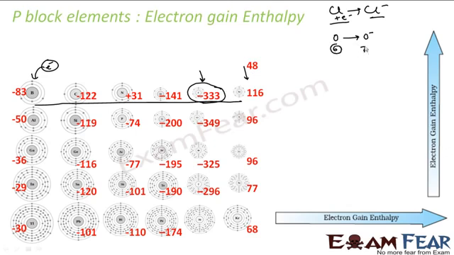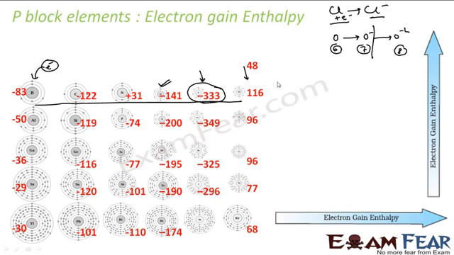If oxygen gains 1 electron it gets 7, and if it gains one more electron, oxygen gets 8 valence electrons and is very happy. So oxygen has a reason to gain an electron. If you see, oxygen gains an electron and gives out this much energy, but the energy is less. Why? Because after accepting one electron, it is not very stable. It has to gain one more electron to become stable.